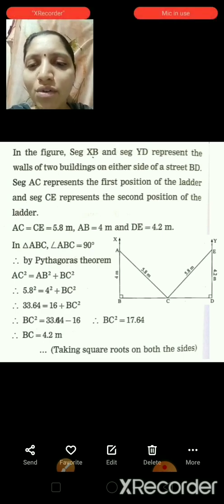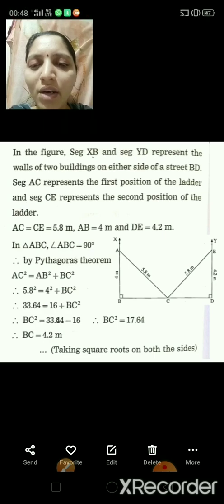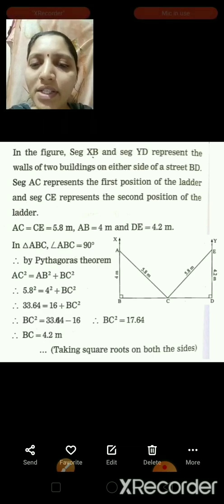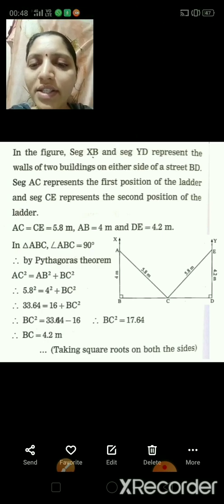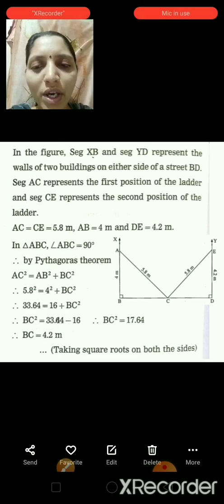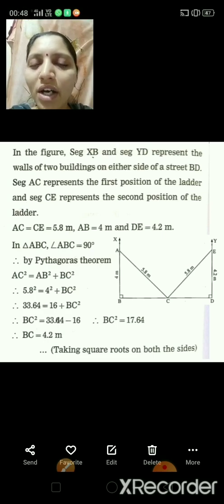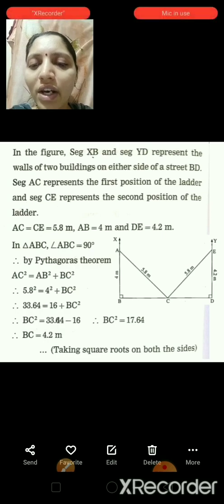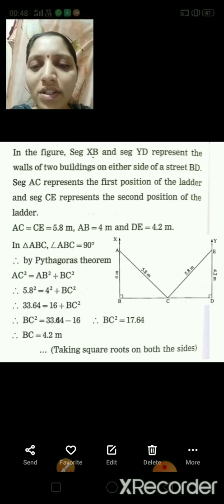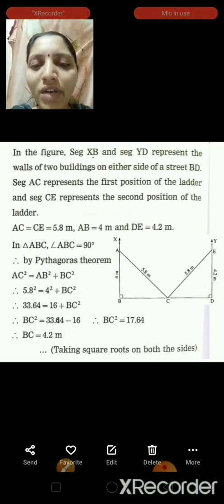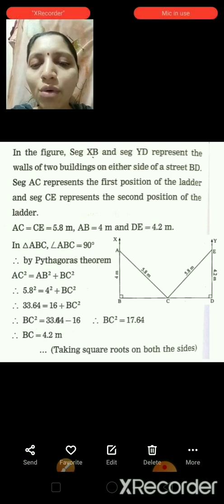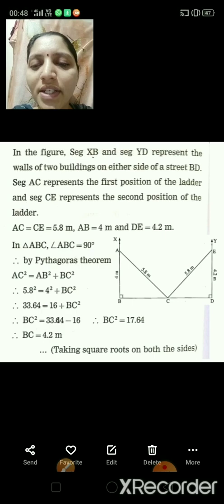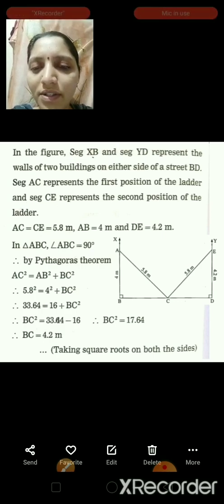Substitute the values, you will get 5.8 square is equal to 4 square plus BC square. 5.8 square is nothing but 33.64 is equal to 16 plus BC square. Now shift this 16 to the other side of the equal to sign. You will get BC square is equal to 33.64 minus 16. So you will get here BC square is equal to 17.64. If you find the square root on both sides, you will get BC is equal to 4.2 meters.